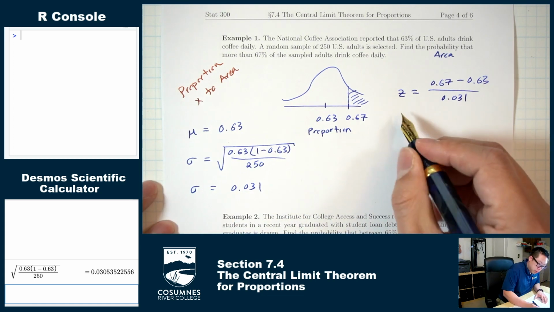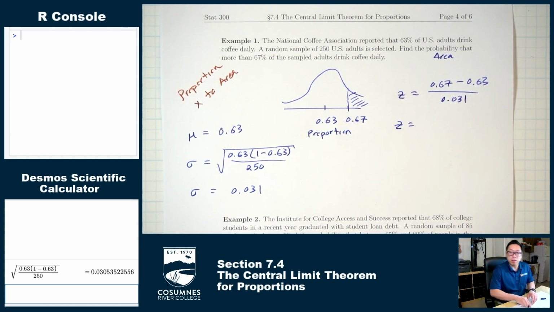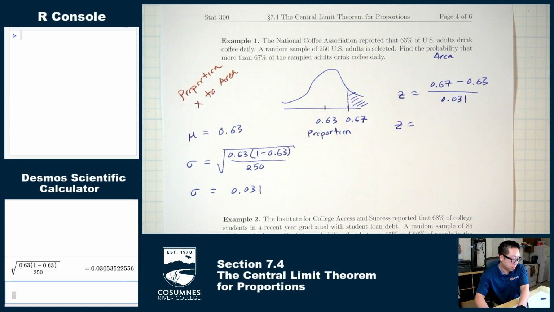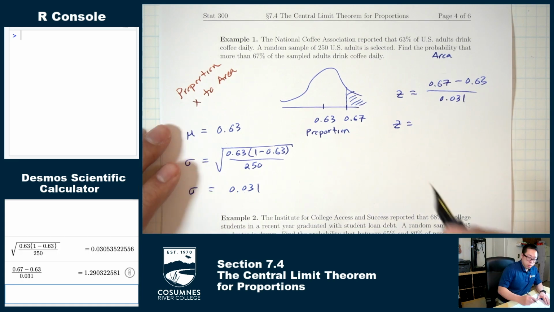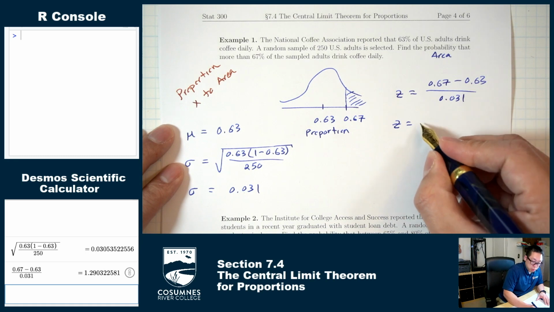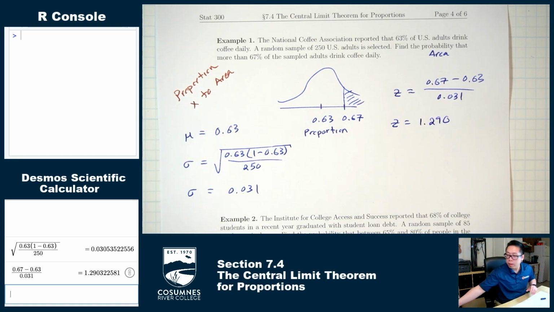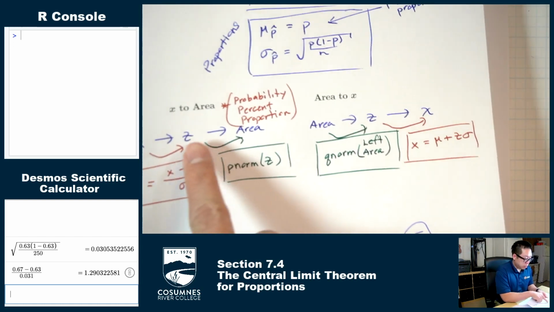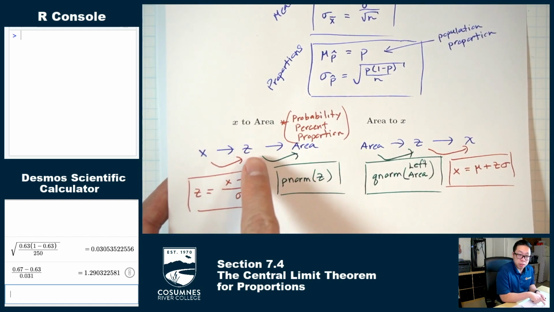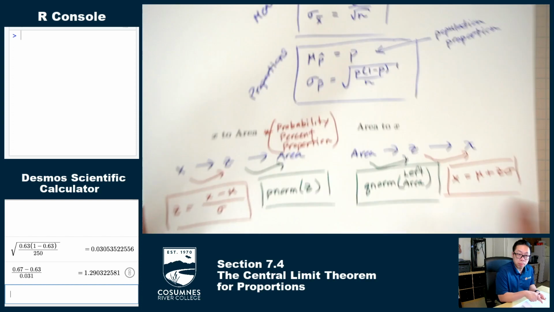So with decimals, fraction: up top 0.67 minus 0.63, on the bottom 0.031. Rounded to 3 decimal places, this is 1.290. Now that I have my z, the next thing for an x to area question is to go z to area using pnorm.